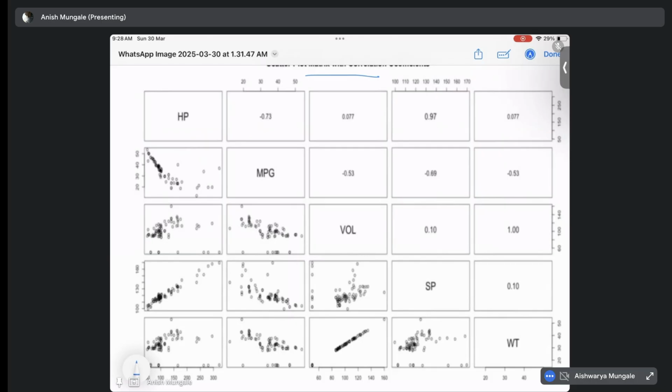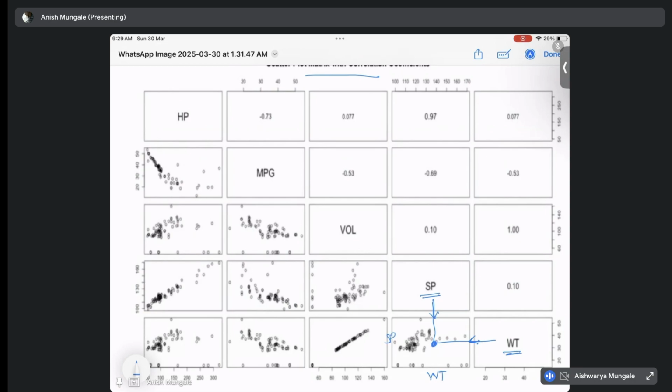Now, in order to read this graph, check these values in the middle and draw a kind of perpendicular. Whichever is the intersection, that will be the graph for those particular variables. So this is the weight versus speed graph.